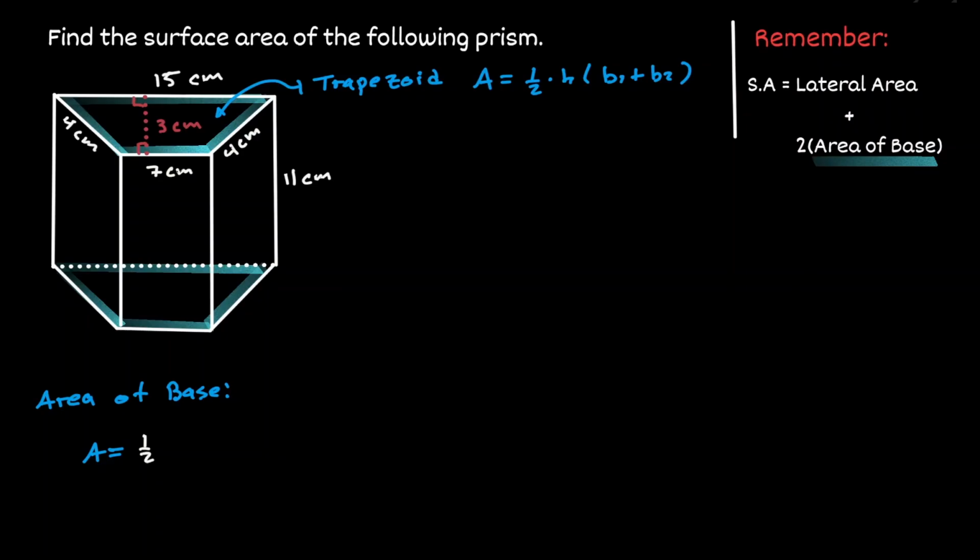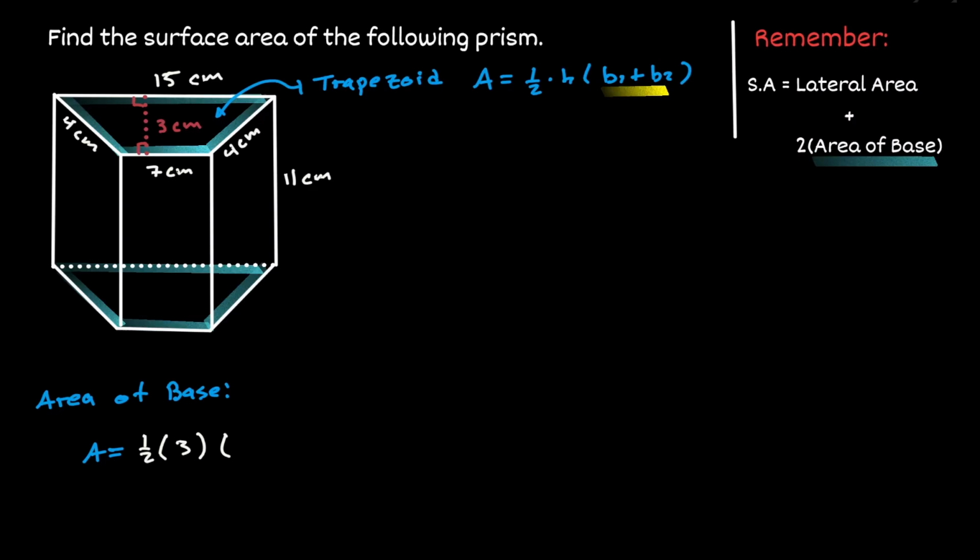It is 1/2 times the height. Well, we don't want to consider the height of the prism. We want to concentrate just on the trapezoid. And notice that the height of this trapezoid is given. We have a perpendicular line that connects the upper and the bottom base. We can consider that the height of the trapezoid. So let's plug that into our formula.